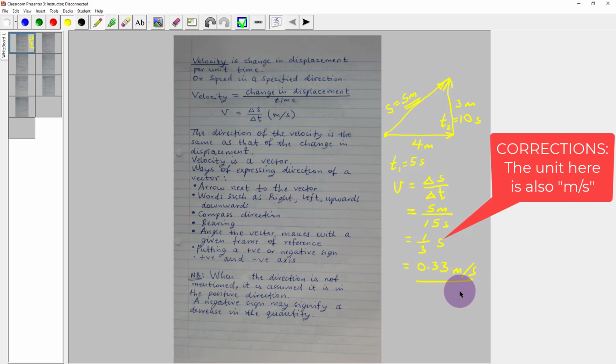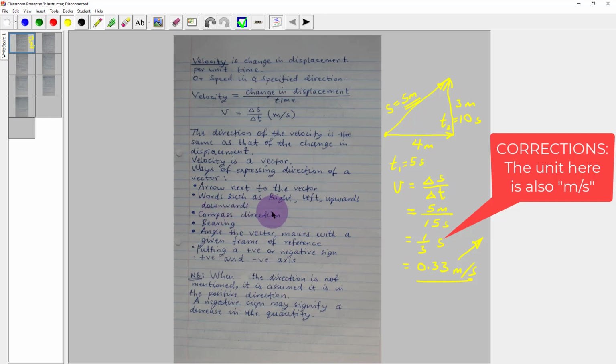If we are asked to give it the direction, we will choose one of these ways in which the direction is given. We can either put an arrow next to the vector. For example, we can just draw an arrow pointing in this direction, and that will be a way of talking about the velocity. We can use words such as to the right, to the left, upwards, downwards, in which case now this option number 2 does not apply.